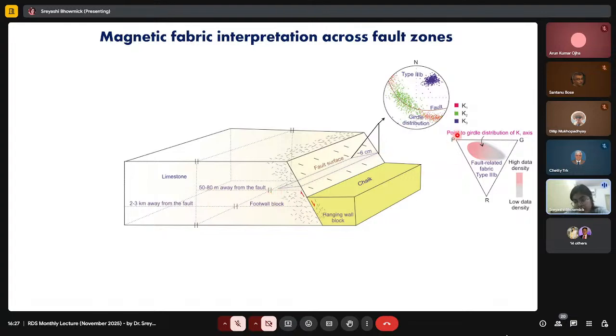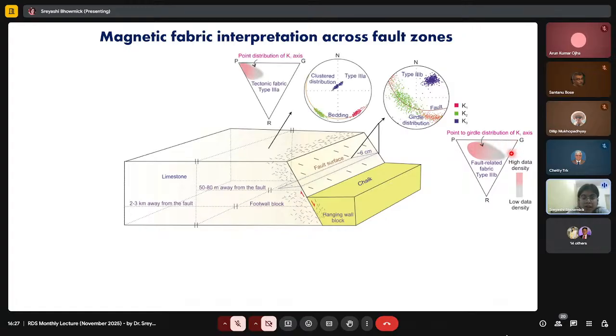Now, this plot is called the PGR plot. Basically, this shows the distribution of the K1 axis. So P stands for point, G stands for girdle, and R stands for random. So here we can see that the K1 has an open cluster, but together it forms a girdle. So here the distribution is somewhere between point and girdle.